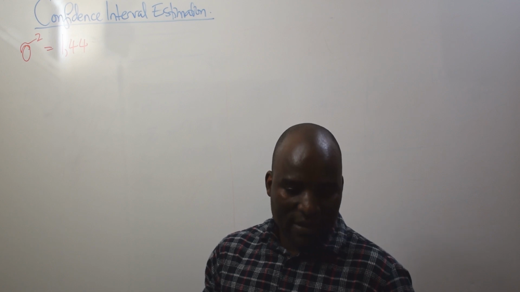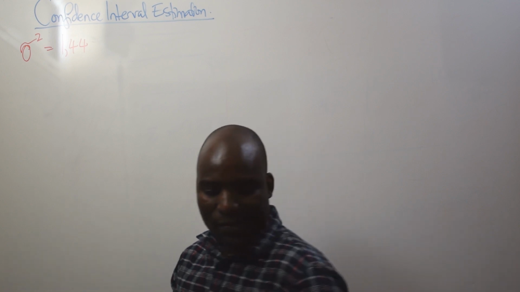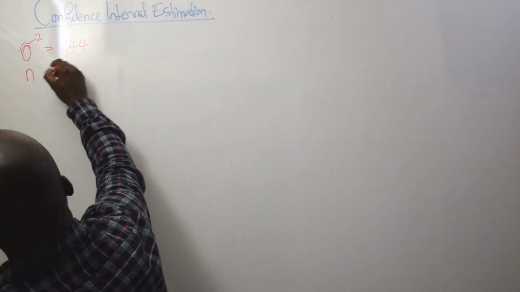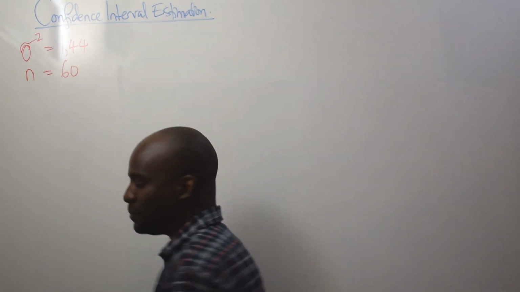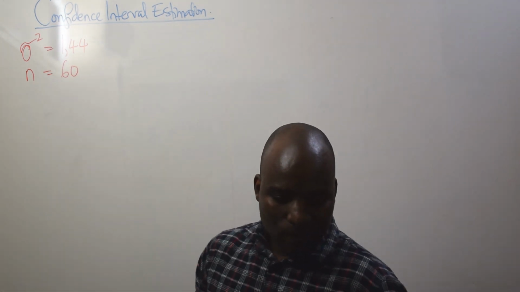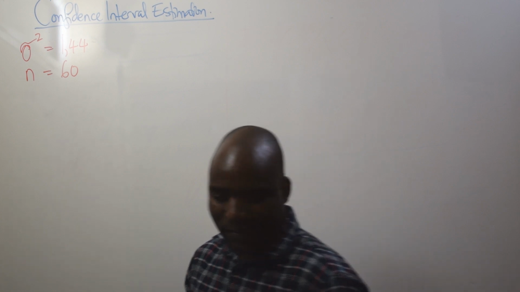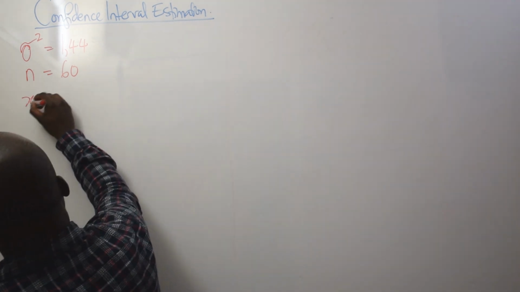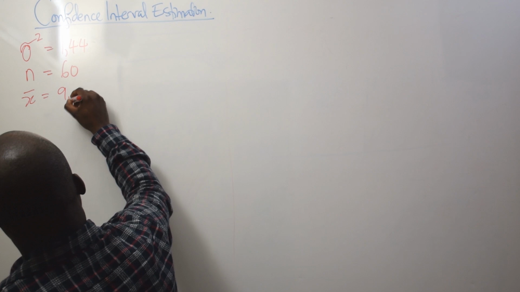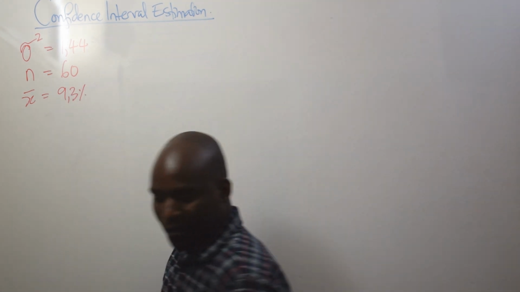We move again, the importer randomly samples 60 bottles, so our n is equal to 60. It also says a sample mean x bar is equal to 9.3%.